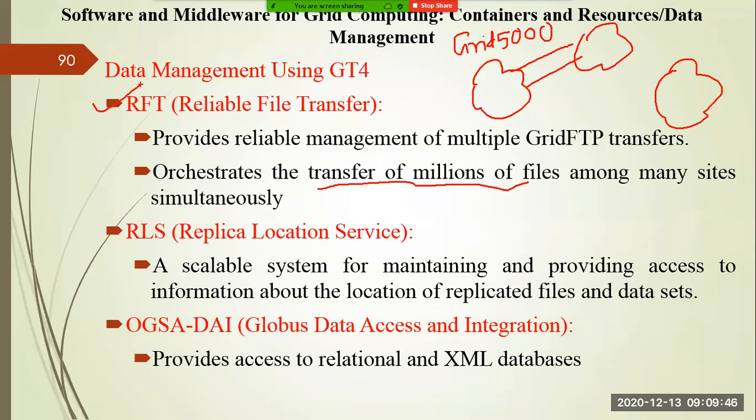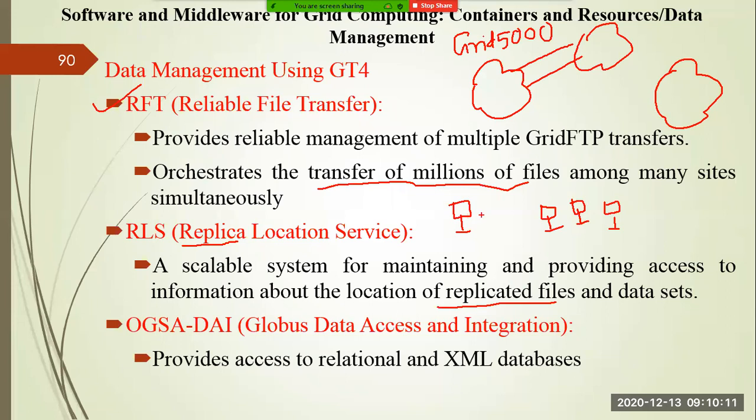The next one is RLS, that is the Replica Location Service. As the name suggests, a replica means you are keeping a copy of one computer's data on another computer. That is called a replica of the data. RLS is a scalable system for maintaining and providing access to information about the location of replicated files.